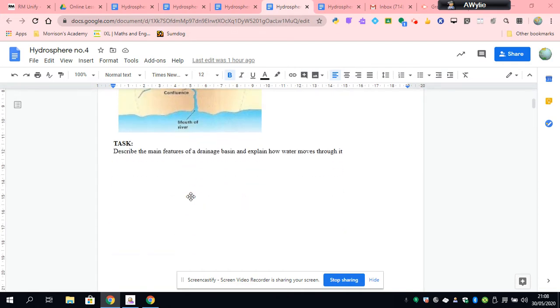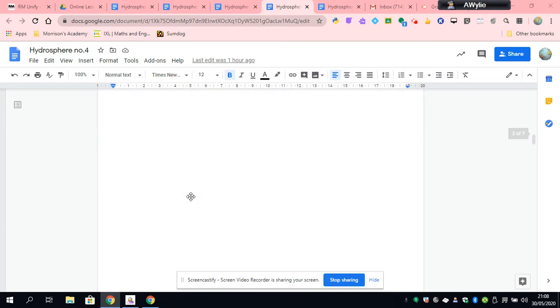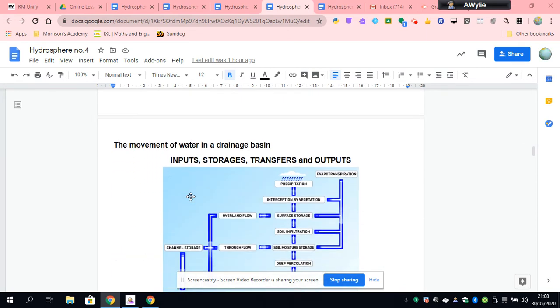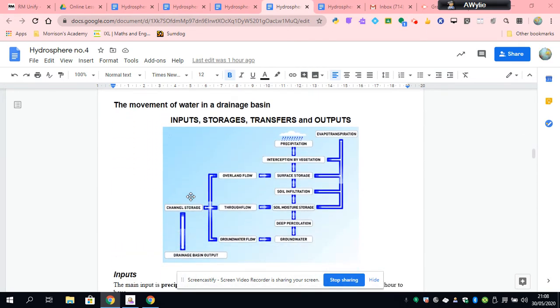So what you've got to do in this question is think about what the water is actually doing. It's entering the system, and we can see that here through this diagram, through rain. So that's its arrival, that's its input. It comes in as rain. Now, a number of things can happen. It can be intercepted by vegetation.